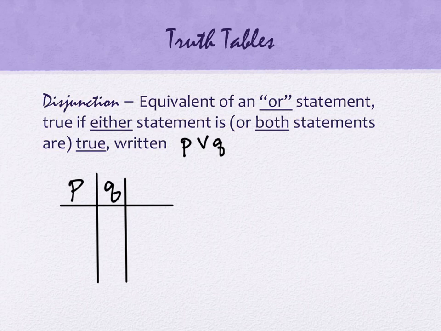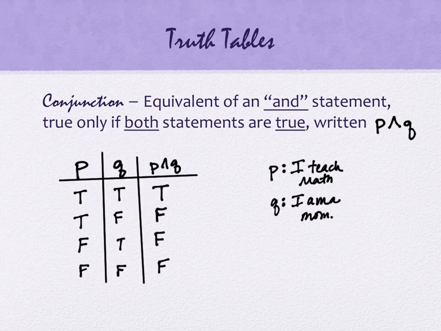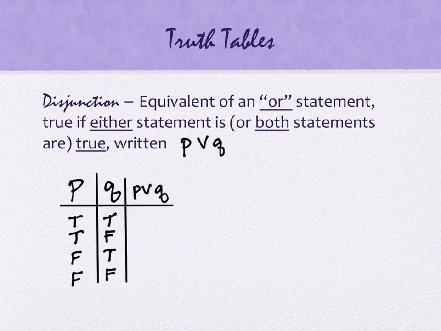It's an or statement. So we have the same options over here, true, true, false, false, true, false, true, false that we had before. All those are the same. And we're going to use the same example that we did before. I teach math, I'm a mom.